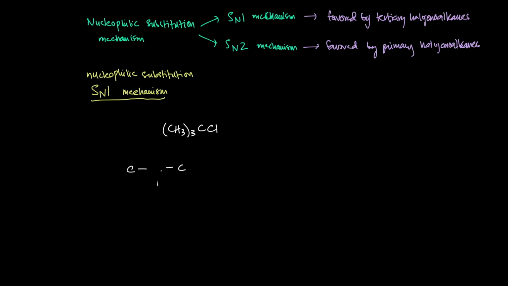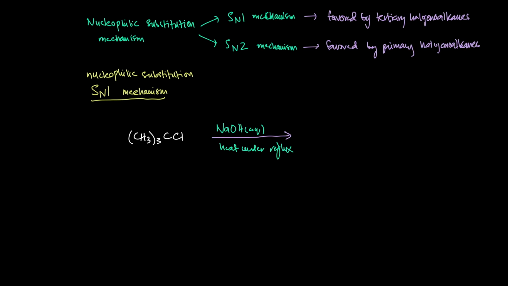Before we talk about the mechanism, let's look at the reaction itself first. If we react this with aqueous NaOH and heat under reflux, we end up making an alcohol.